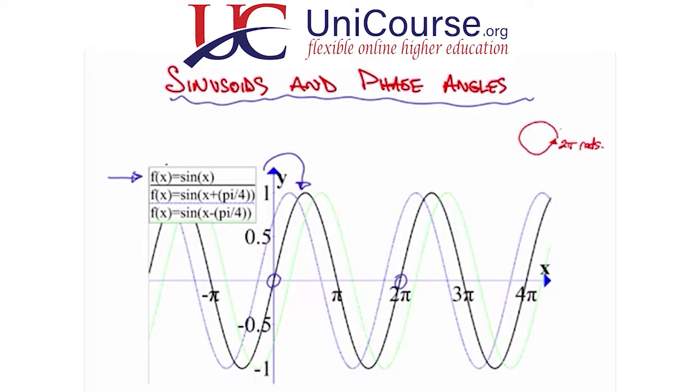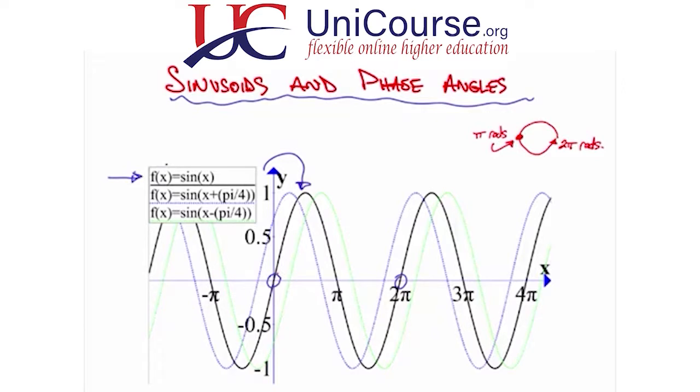At school you used to say 360 degrees to go all the way around. If you get to this point here, you would have done 180 degrees from the starting point, or in trigonometric measure, pi radians to get to that point there. So that's what's happened there.